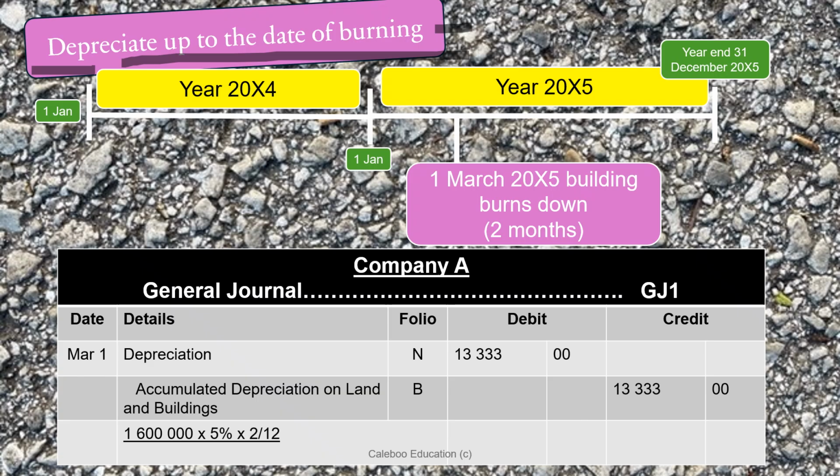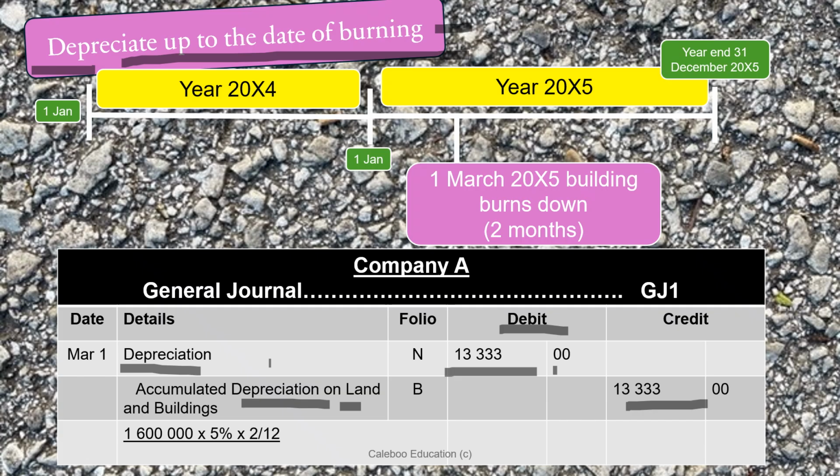And we debit depreciation and we credit accumulated depreciation. And here the amount is 13,333. It was 33 cents as well, but I just rounded that off. Depreciation expense, increase in expense, debit.